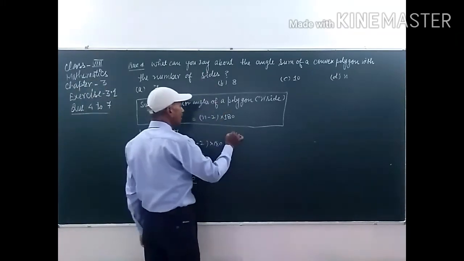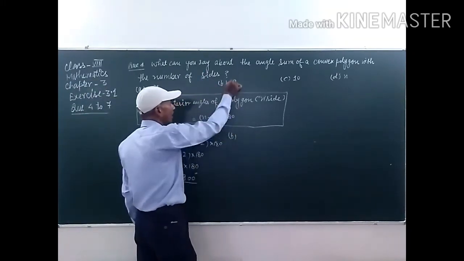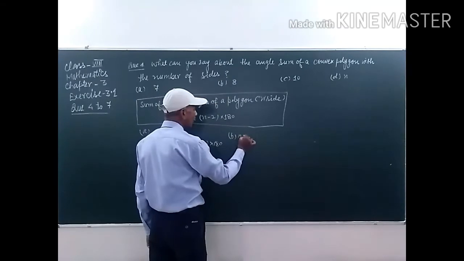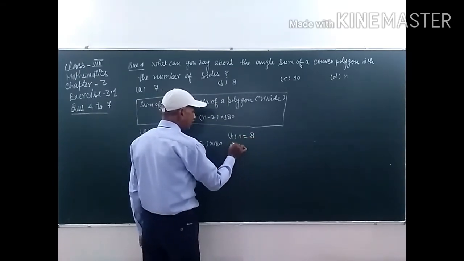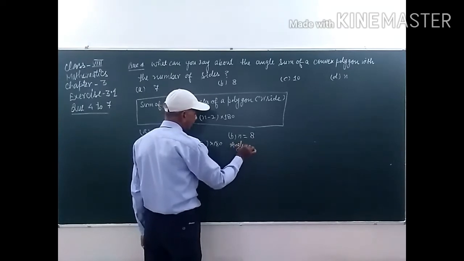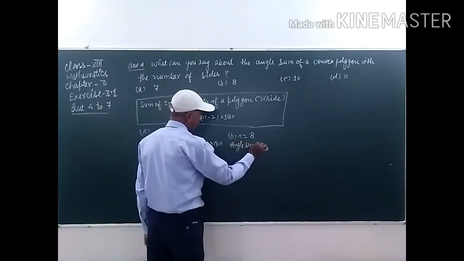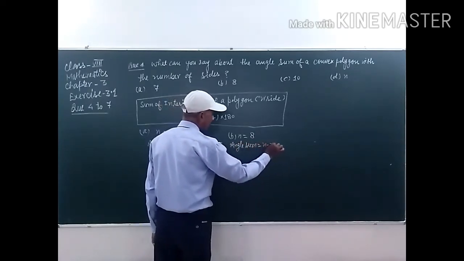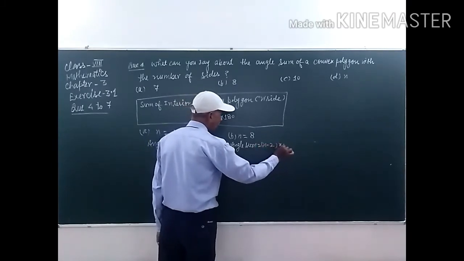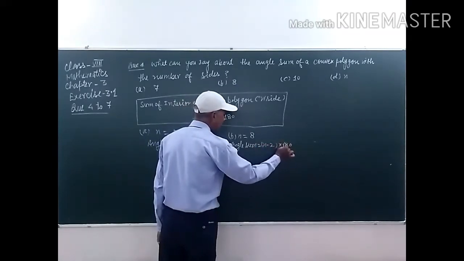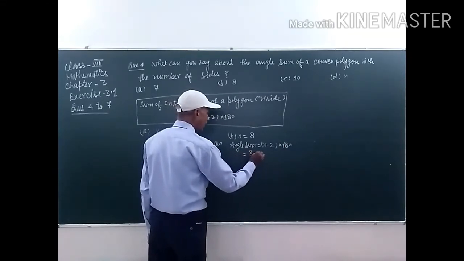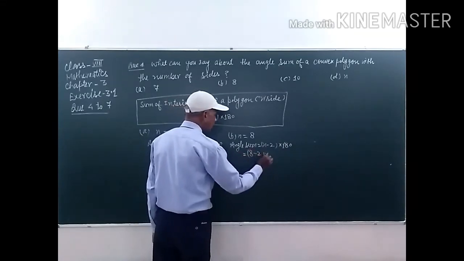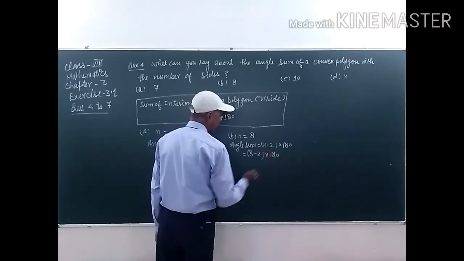And in part B, n is equal to 8 here. So the angle sum is equal to n minus 2 into 180. This is the formula, students. So it will be 8 minus 2 into 180.